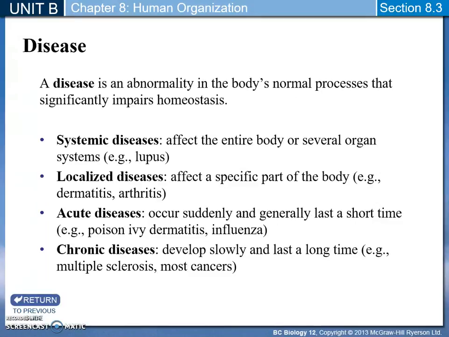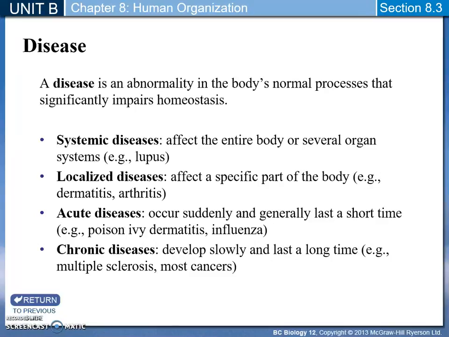So what is disease then? Well, we all have this kind of intuitive idea about what we mean by disease, but we can make a fairly precise definition: a disease is an abnormality in the body's normal processes that significantly impairs homeostasis.